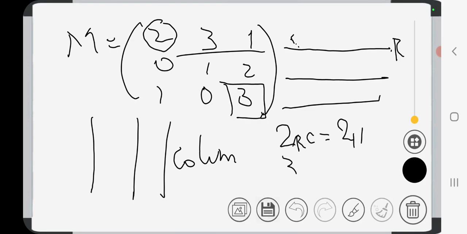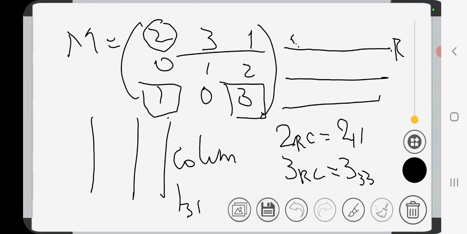So this 3 is in row 3, column 3. That's the address. If I'm taking this particular element here, the element is in row 3. But when I take it vertically, it is in column 1. So that particular element, the address is subscript 3 1. That's how to obtain address.